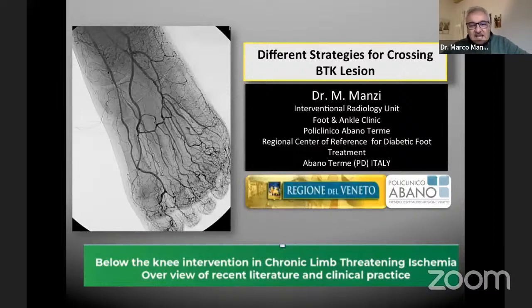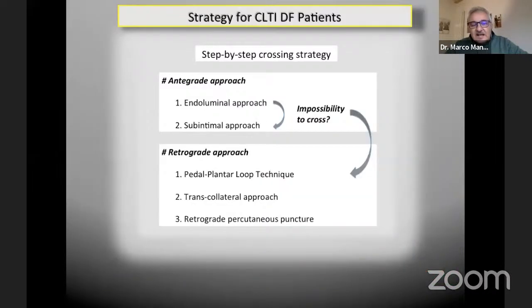My topic for today is different strategies for crossing BTK lesions. This is my disclosure, and I would start my presentation with this slide showing our everyday strategy when we perform procedures.